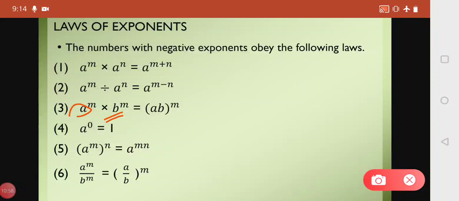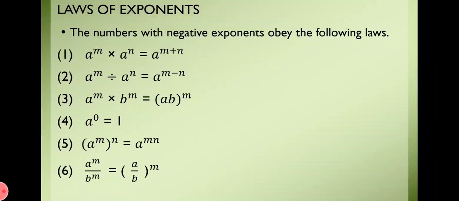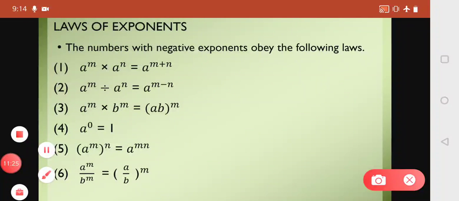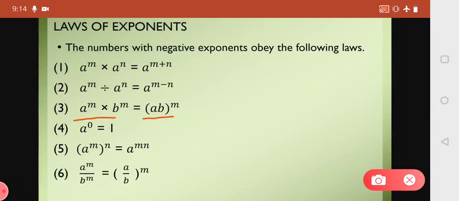So when exponential forms with different bases and the same power, here both powers are m, are multiplied, then we have to take the product of the bases raised to the power. That is, we write in short a raised to m into b raised to m equal to ab whole raised to m. We will multiply the bases a and b and then we will give the power as m.